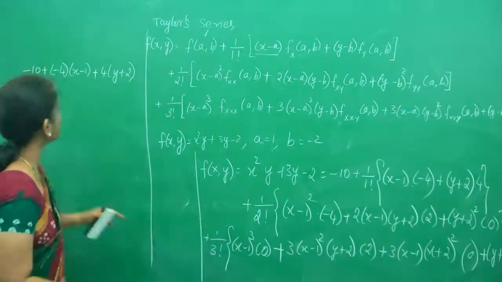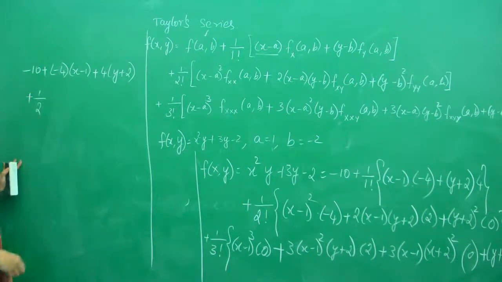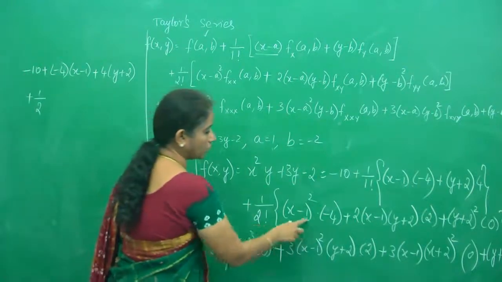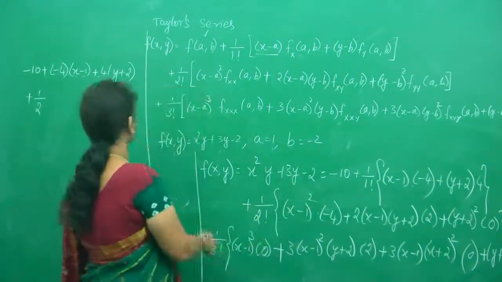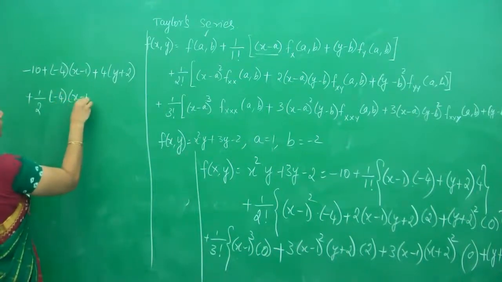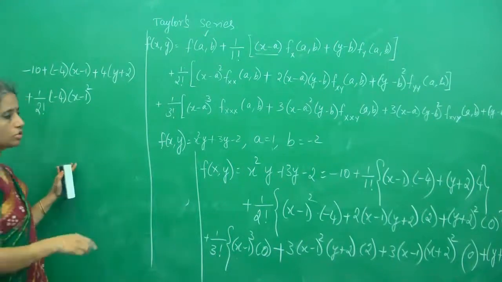Okay, coming to the second line, plus 1 by 2 factorial is 1 by 2, because 2 factorial is 1 into 2, which is 2, and this is minus 4 into x minus 1 whole square. You can write this, or even if you write 2 factorial also, it is correct.